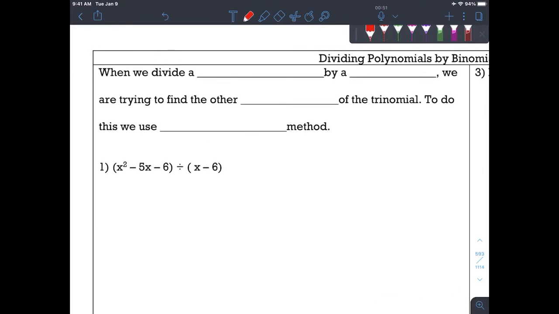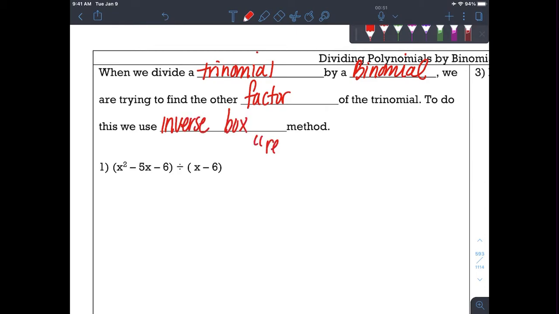So when we divide a trinomial by a binomial, we are trying to find the other factor of the trinomial. To do this, we use a fancy term, the inverse box method, which I call reverse box.